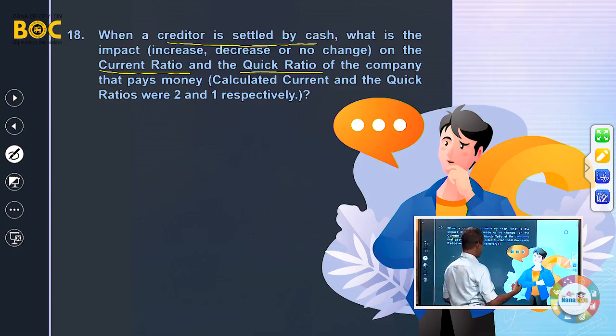When you settle your creditors, what will happen to your current ratio and quick assets ratio? The given ratios are current ratio 2 times and quick ratio 1 time.